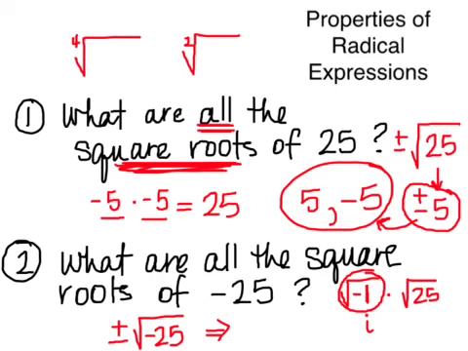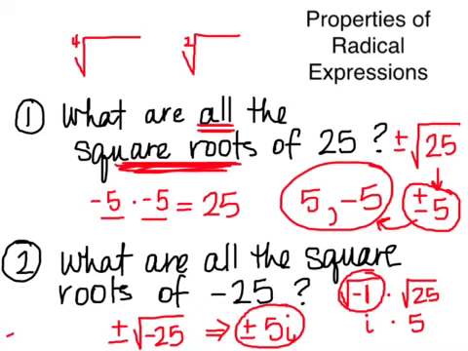And then this one is a 5. So we know just at face value that it's probably going to be 5i, but because of that plus or minus sign, we actually have 2 answers, a positive 5i and a negative 5i. So we'll just leave it like that. And that is our answer for what are all the square roots of negative 25. It's both positive 5i and negative 5i.